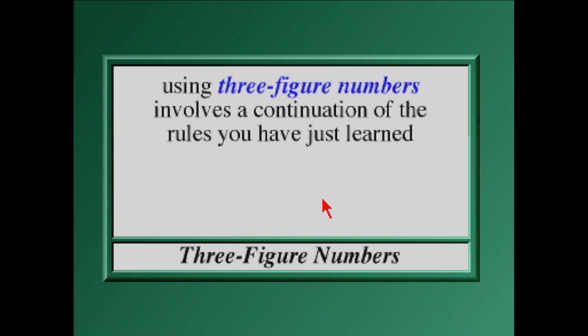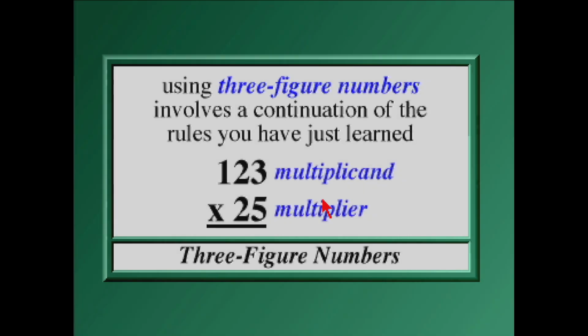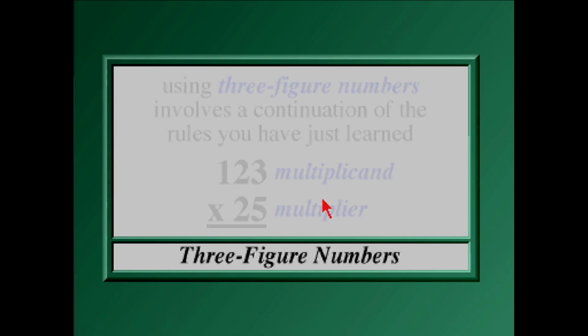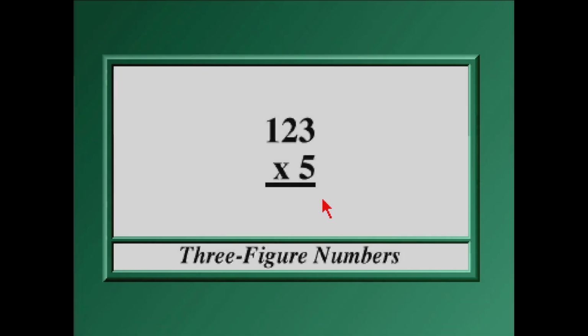Using three-figure numbers involves a continuation of the rules you have just learned. For example, in 123 times 25, the multiplier 25 is written below the multiplicand 123. The ones place of the multiplier is positioned under the ones place of the multiplicand. Begin by multiplying 123 times 5.